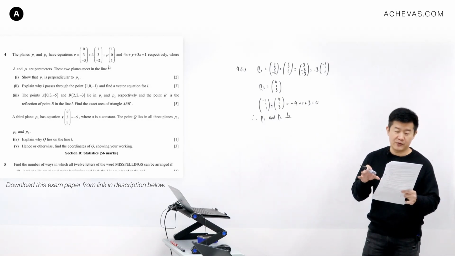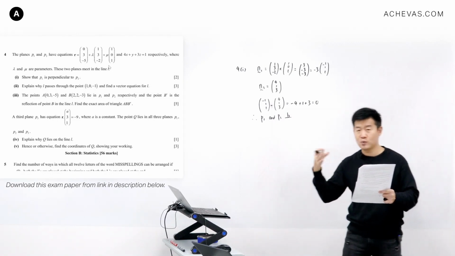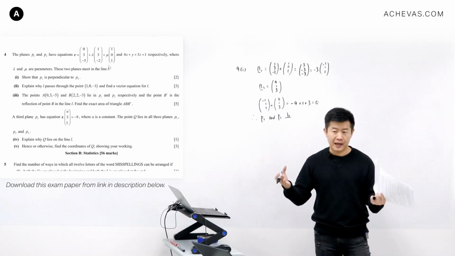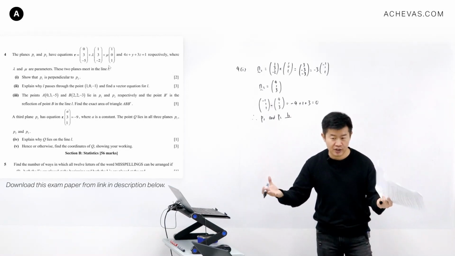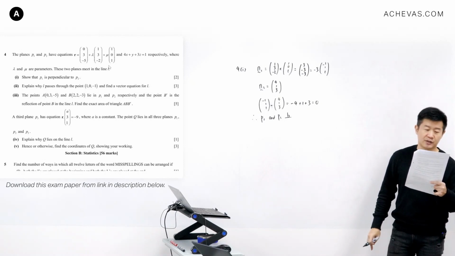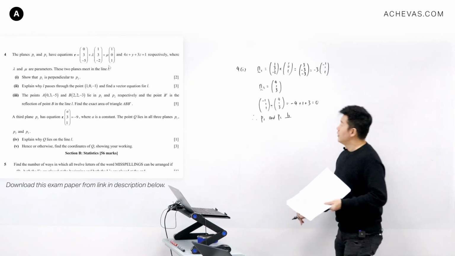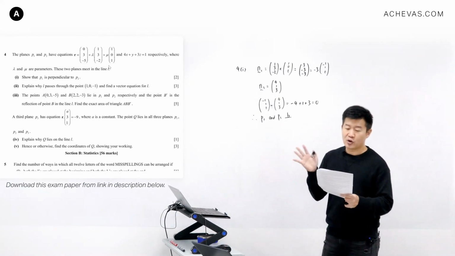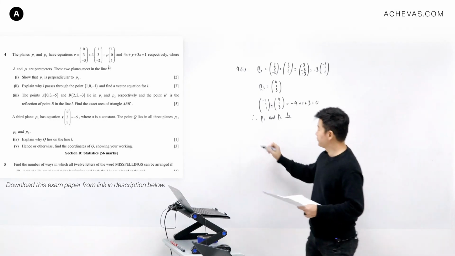So let's try to verify by substituting this point 1, 0, minus 1 into both P1 and P2. And if it satisfies both equations, it tells me that this point also lies on the line L. For P1, let's try to convert it into the dot product form.